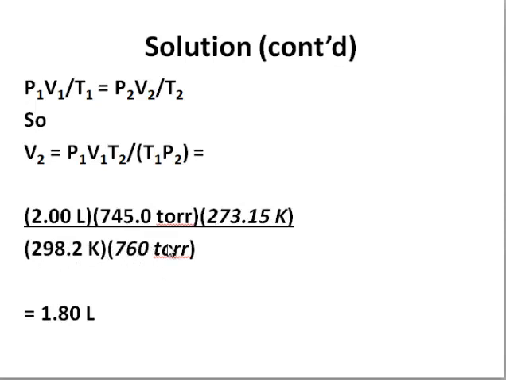Now I've put 760 torr and 273.15 Kelvin in italics to remind us that these are exact numbers. Using the multiplication rule, we'll get 3 sig figs in our answer. Torrs cancel. Kelvins cancel. The answer is 1.80 liters. And this concludes the first lecture on gas laws, or Unit 9.